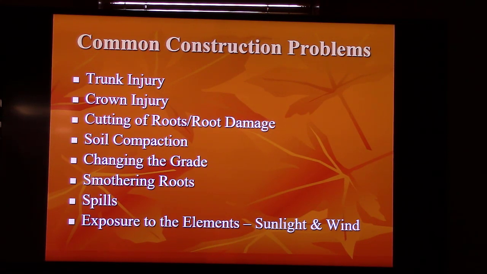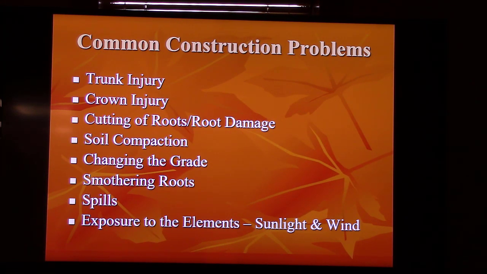All right, so for the common construction problems, if construction is going on and the crew isn't worried about your tree or whatever trees are around there, you can have trunk injury, crown injury. They can cut the roots and damage the roots. They can compact the soil. They can change the grade of the soil. They can smother the roots.